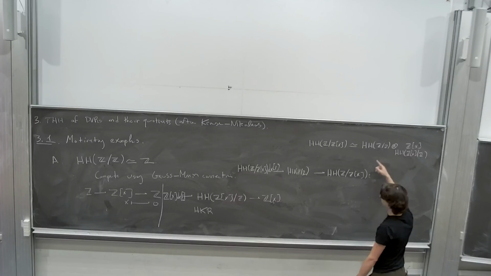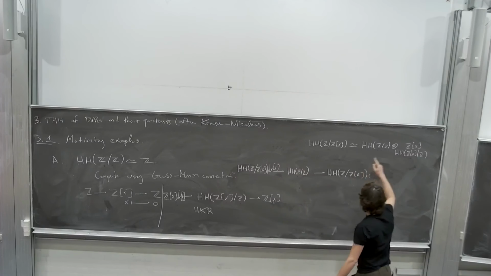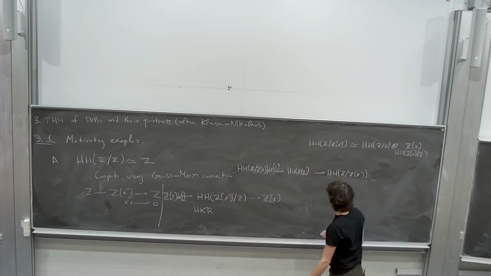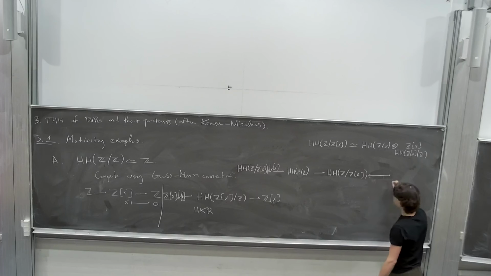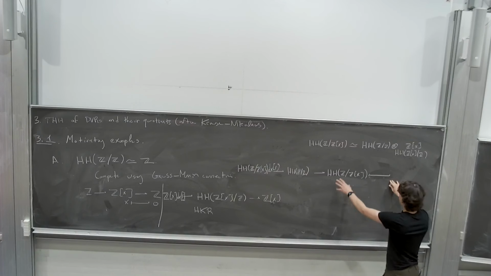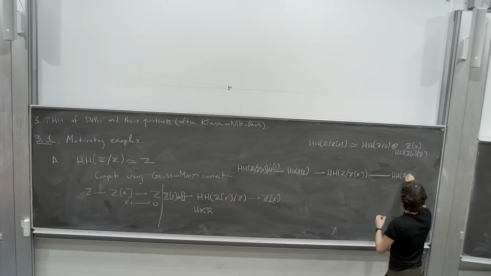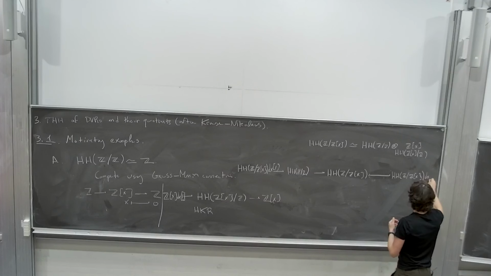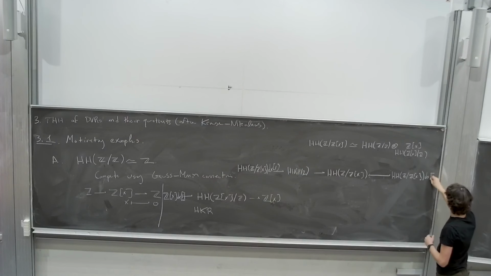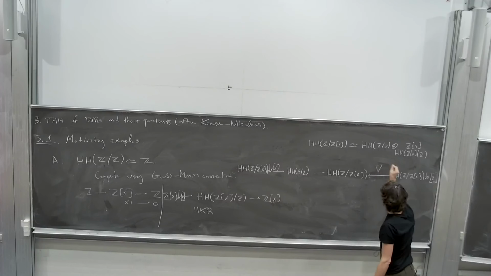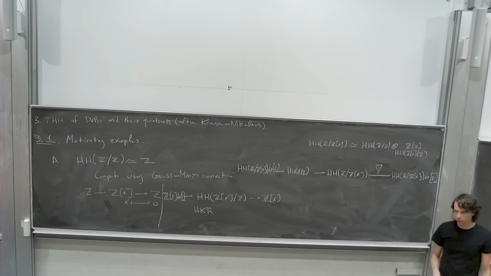That's just what I get by tensoring this sequence with this. And I think it's helpful to rotate this triangle once, and then I get Hochschild homology of Z over Z[X], and I'm going to write this formal term dX, and then shift it by 2. And I'm going to call this nabla, because it's really going to look like a connection.